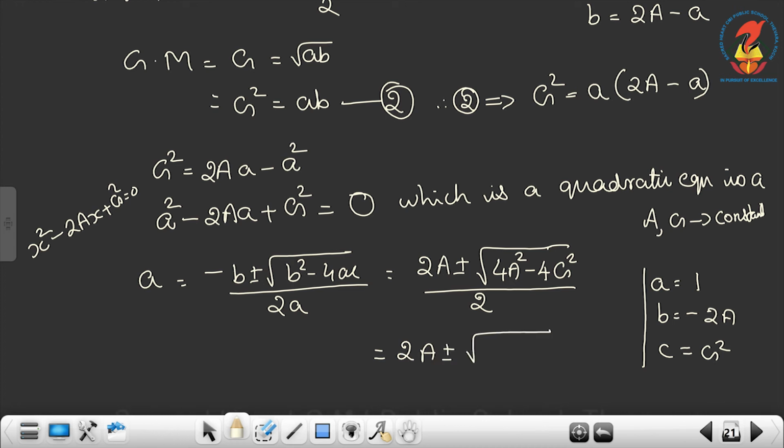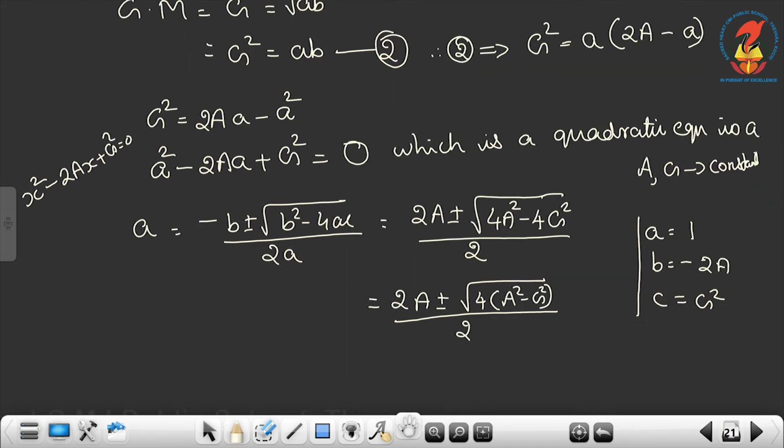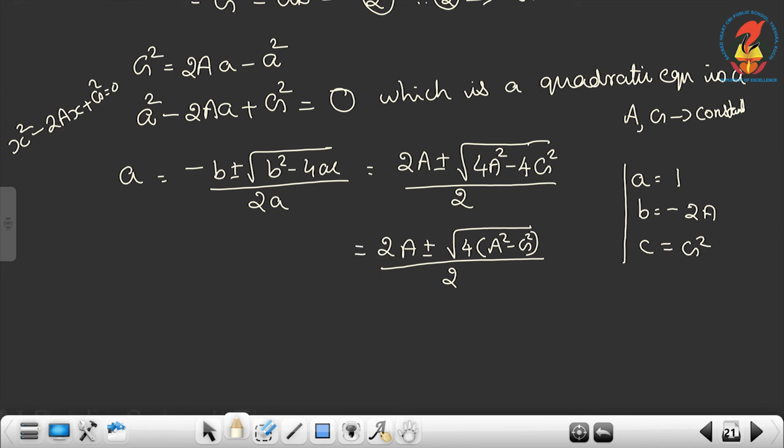Here 4 is common, A square minus G square, root 4 is 2, we can take 2 outside.